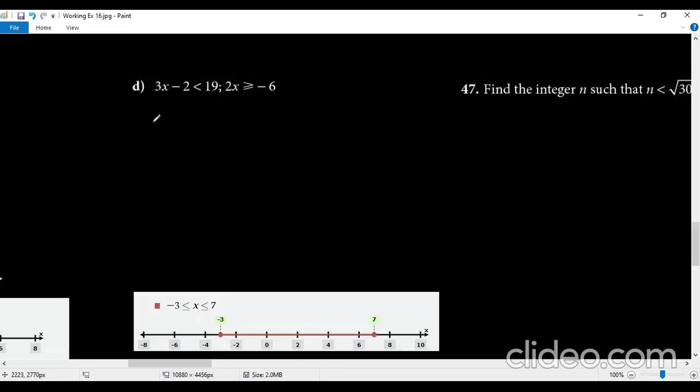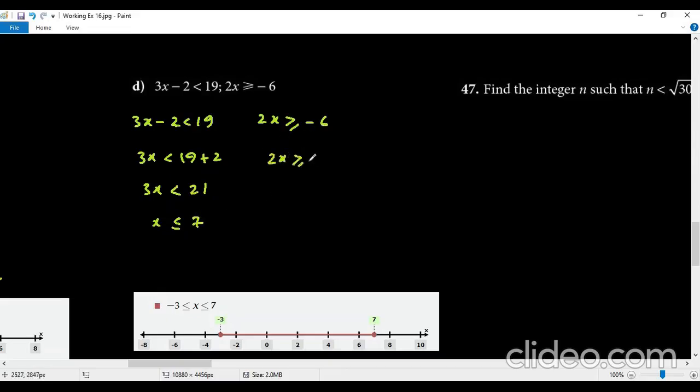The last part of this question 46 is 3x minus 2 less than 19, and the second part is 2x greater than or equal to negative 6. So I'll be solving them simultaneously. So this is going to be 3x less than 19 plus 2, which is going to give us 21, and x is less than 7.